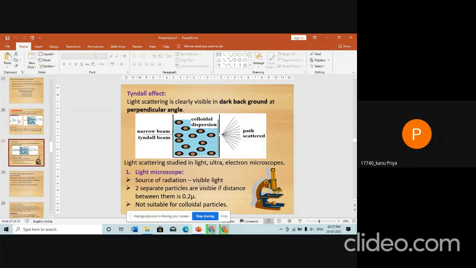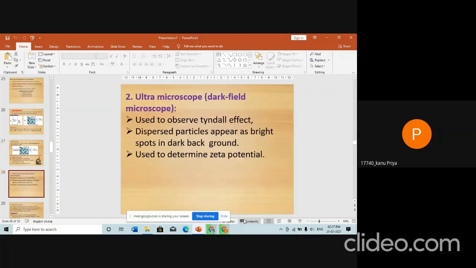In the light microscope, the source of radiation is visible light. Two separate particles are visible if the distance between them is 0.2 micrometer, so it is not suitable for colloidal particles. Second is the ultramicroscope, also called a dark field microscope, used to observe the Tyndall effect, where the dispersed particle appears as a bright spot in a dark background, and is used to determine the zeta potential.